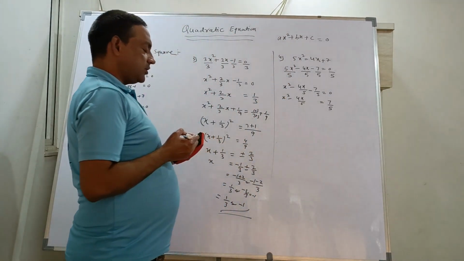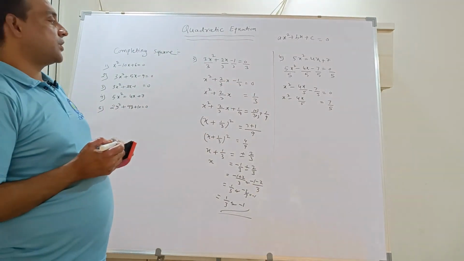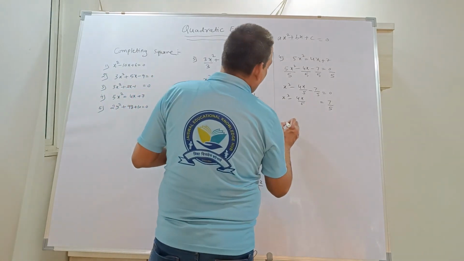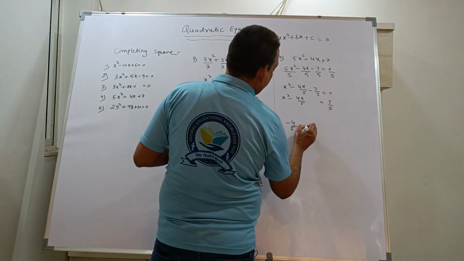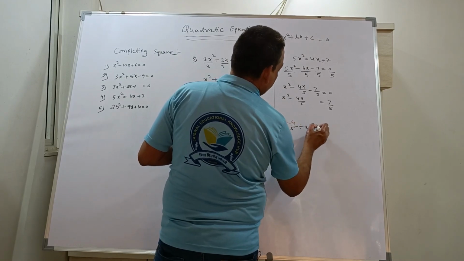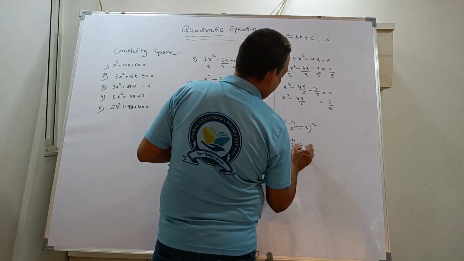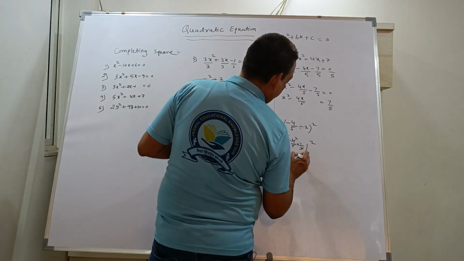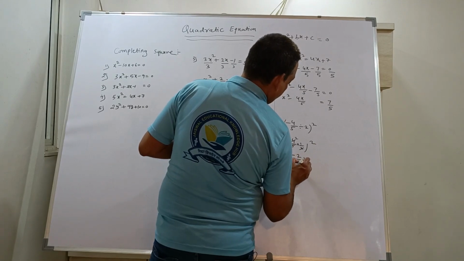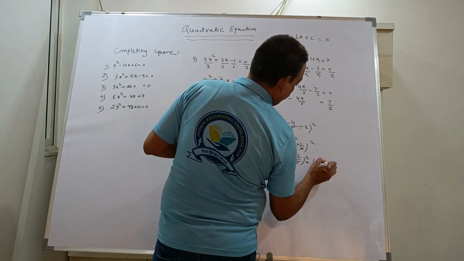Now the next step is what? We have to find the third term. What is the formula for the third term? Coefficient of x, which is minus 4 upon 5, divided by 2, the whole square. In this case minus 4 upon 5 into 1 upon 2, so 2 and 2 cancel, and the whole square. So it becomes minus 2 upon 5 the whole square, which is nothing but 4 upon 25.